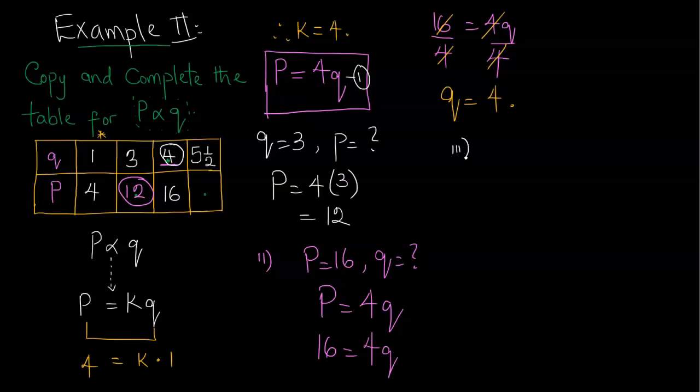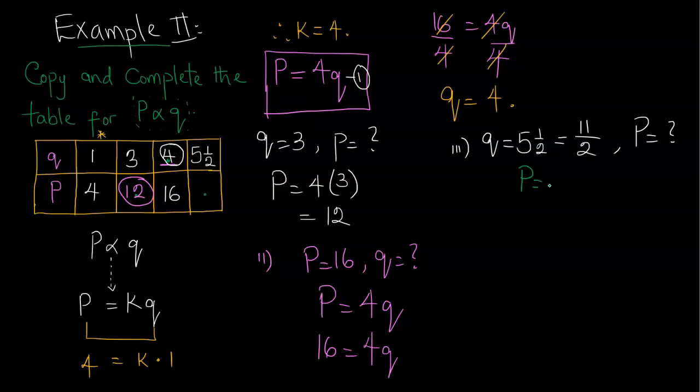Then finally, I've got the value of q, which is equal to 5 1/2. This is a mixed number. The first thing I'm going to do is to write it as an improper fraction. This is 2 times 5 plus 1, which is 11 over 2. And p is missing. The value of p is missing. I'm going to return to the formula connecting p and q.